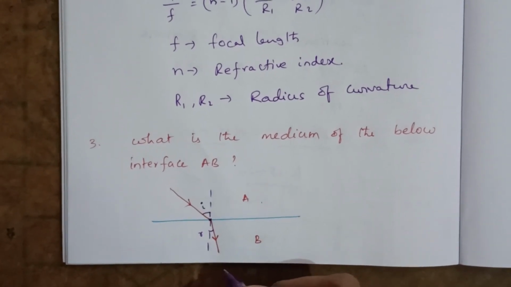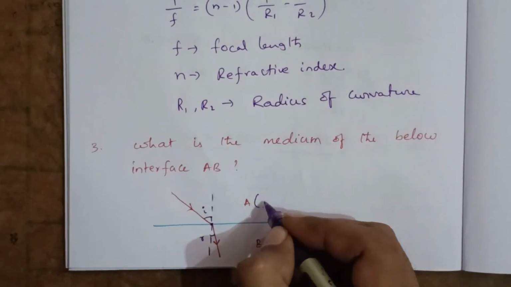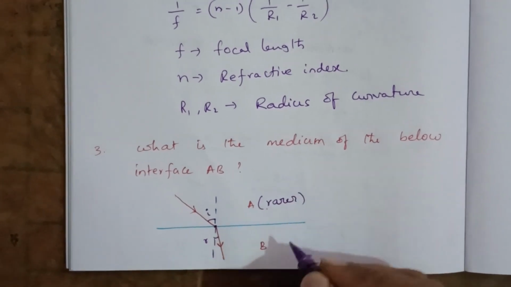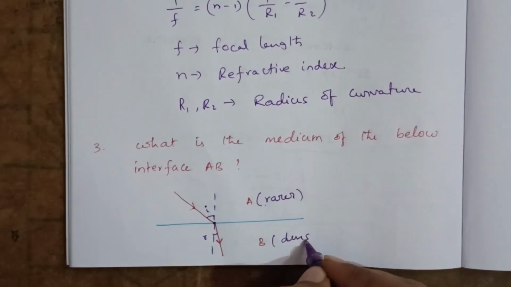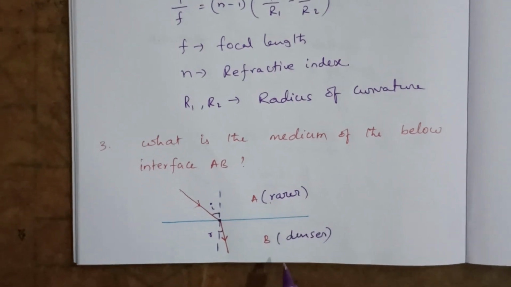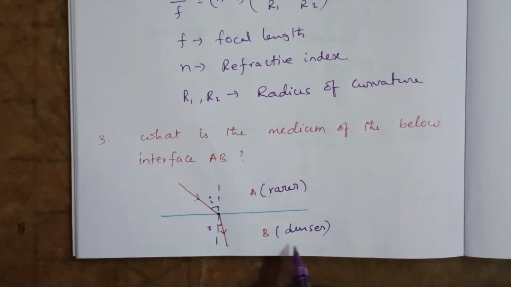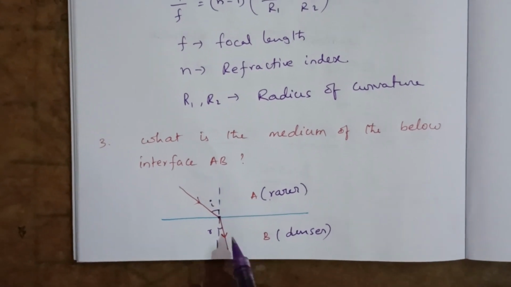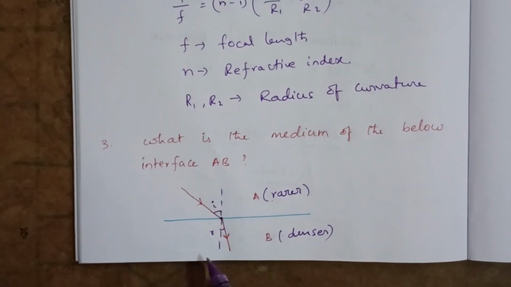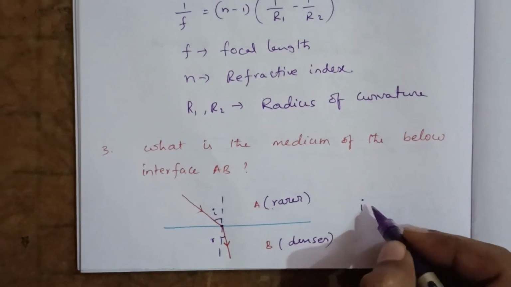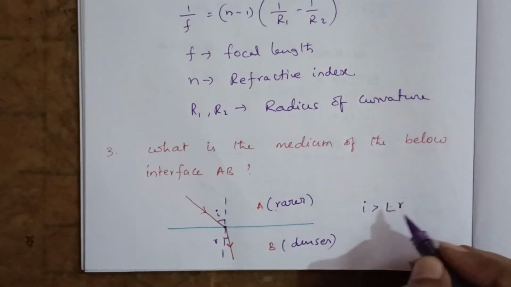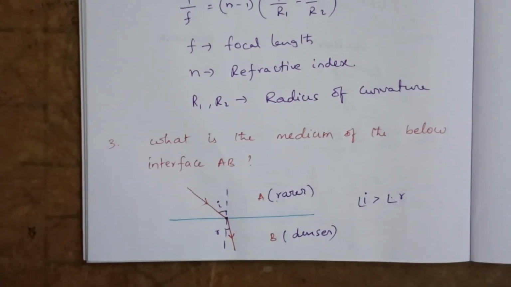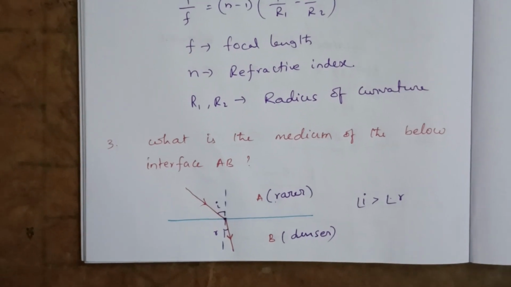When a light ray bends towards the normal, it is traveling from a rarer medium to a denser medium. So medium A is rarer, medium B is denser. Okay, now here you can see the angle of incidence is more than the angle of refraction.